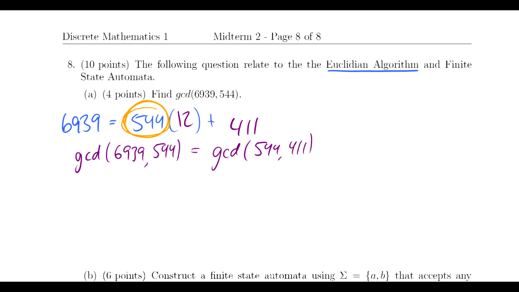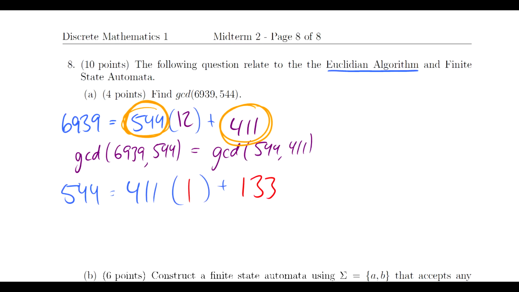So in the next step, we take our old second number in the GCD, and then we do it with the remainder. And that's by the Euclidean algorithm. So in the next step, we have 544 is equal to 411 times some number plus the remainder, so 411 times 1, and then you get 133 as a remainder. So then we take a look at the GCD of 411 and 133. So I'm going to give you guys the answers, and we'll see how this pans out.